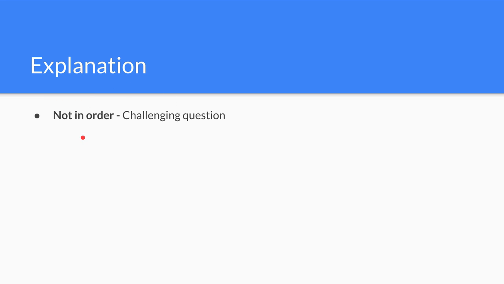So since this question is not in order and it is challenging, this is a question that you would save for the end. And once again, when I say save something for the end, I don't mean save it for the end of your test. What I mean is you should answer the easy questions in a reading passage first, and then return to the difficult questions like the headings question at the end of that reading passage.